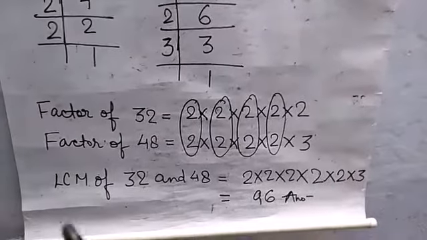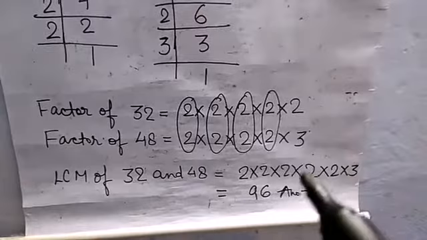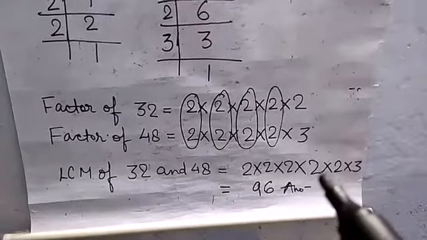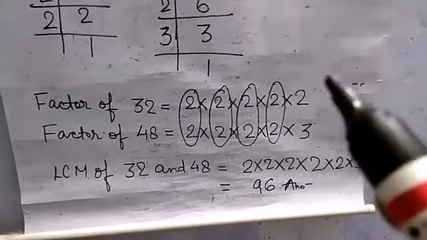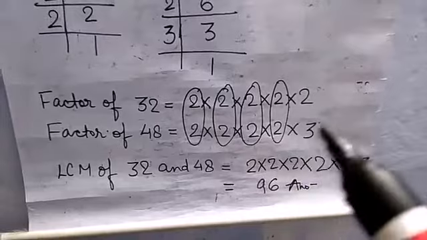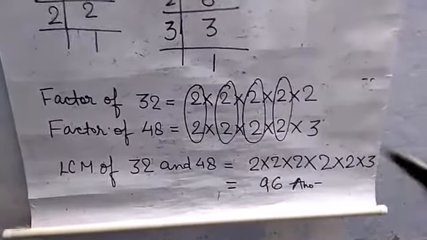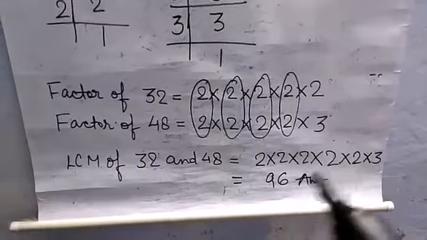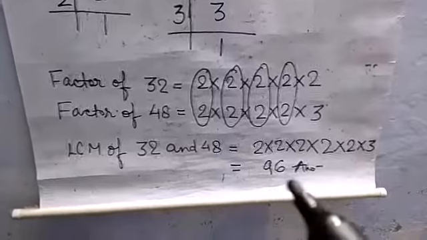Okay, for LCM of 32 and 48, write all the common factors, and we also write the factors that are not common in both numbers. ठीक है, और जो आपका factor common नहीं है हम उन numbers को भी लिखेंगे. And then we multiply all these factors to get the LCM.